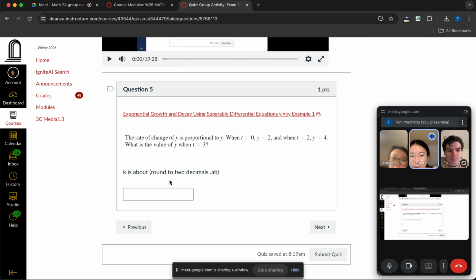So the e power will become ln e, and it will be equal to 2k. On the other side, we will have ln 2. From that, we want to find k, so we find ln 2 over 2. If we want to be accurate, we can just leave it like that. But since this is asking about decimals, I put it in the calculator, and I get around 0.3466. So I would round up to 0.35.